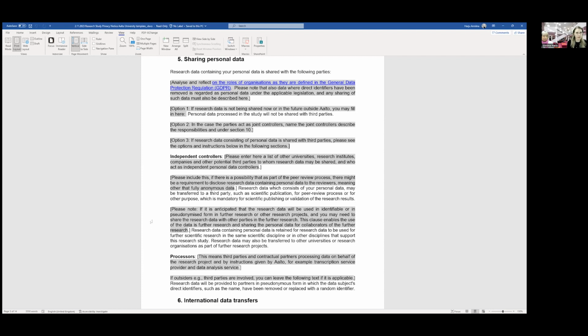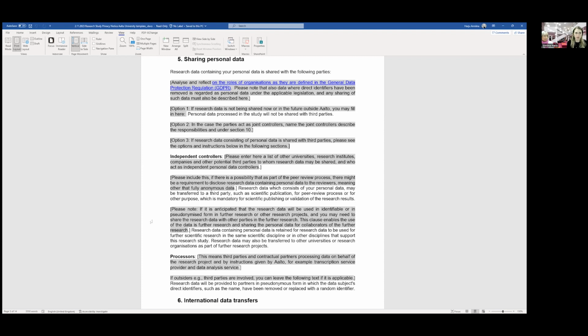Because in most cases, the researchers just give the privacy notice, collect the data, and then it's gone, basically. So they don't have this ongoing communication with the participants. So in that case, it's really difficult to actually share the data with any new parties that have not been mentioned or listed in the privacy notice.